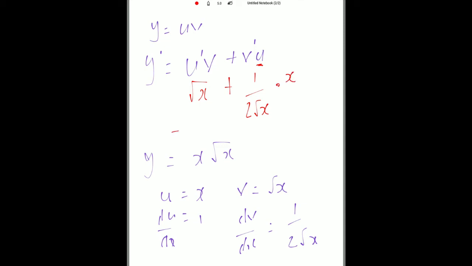So the answer is that y prime, where y is equal to x root x, is equal to root x plus x over 2 root x. And we won't simplify it anymore because all we want to do is show you the actual process of carrying out differentiation when two functions are being multiplied.